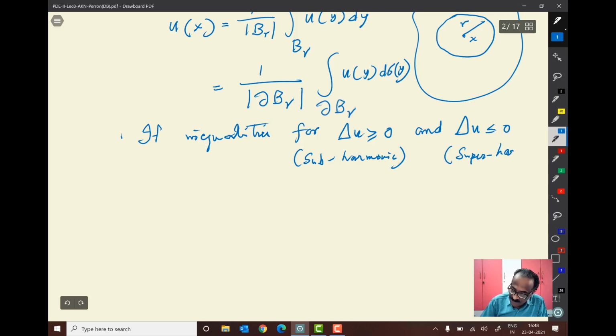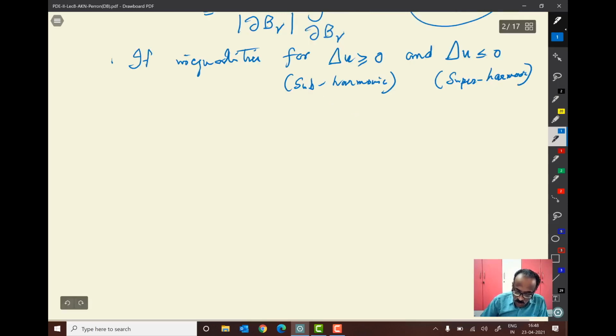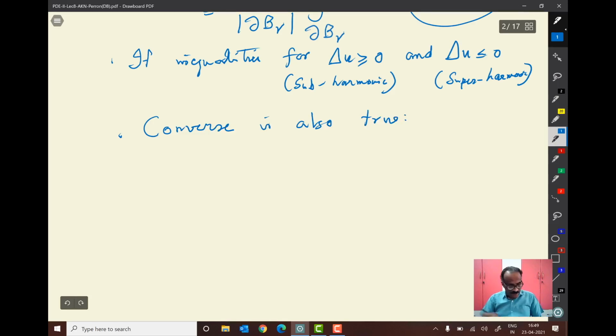We have motivated enough these things in the PDE 1 course. Okay, so if u is a harmonic function then u satisfies this one, and it is an if and only if property, that means the converse is also true. That is, if u is harmonic, you have this equality, but you can also go the other way if this is satisfied for all continuous functions.